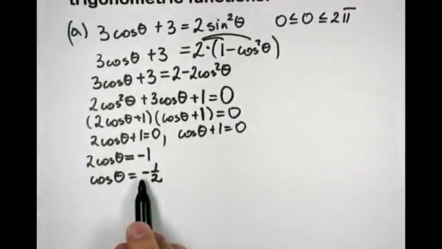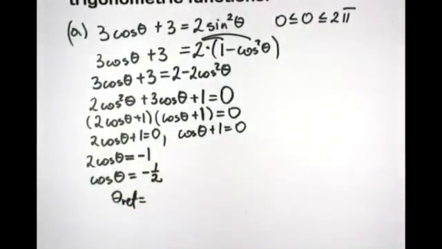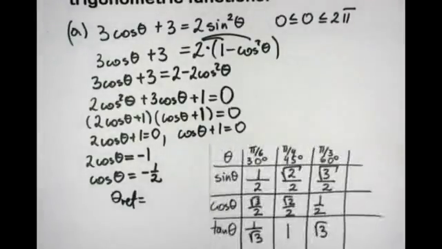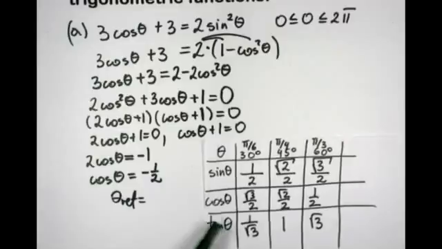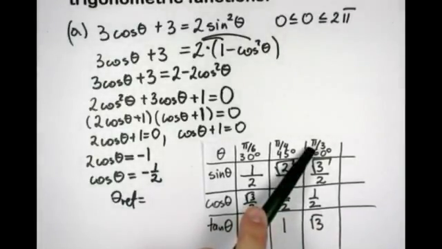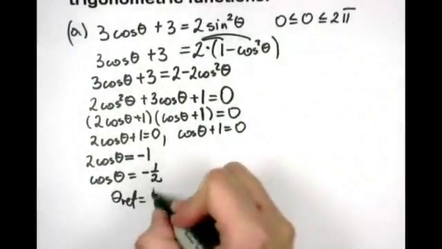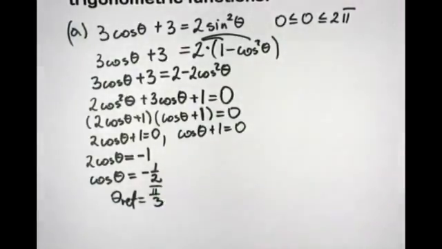We do not worry about negative for now. We just find the reference angle referring to 1/2. For what angle cos is 1/2? Using my chart, cos is 1/2 for pi over 3. So my reference angle is pi over 3. Now I need to complete where the cos is positive and negative.